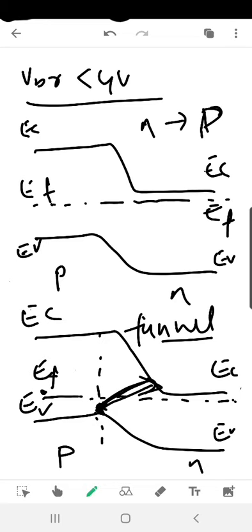Okay, this is our Zener breakdown. We will try to understand Zener breakdown with the help of the covalent bonding model also. Let's talk about the covalent bond model.